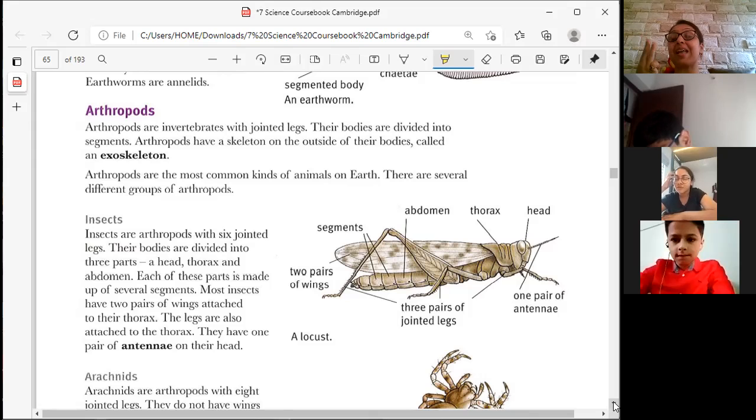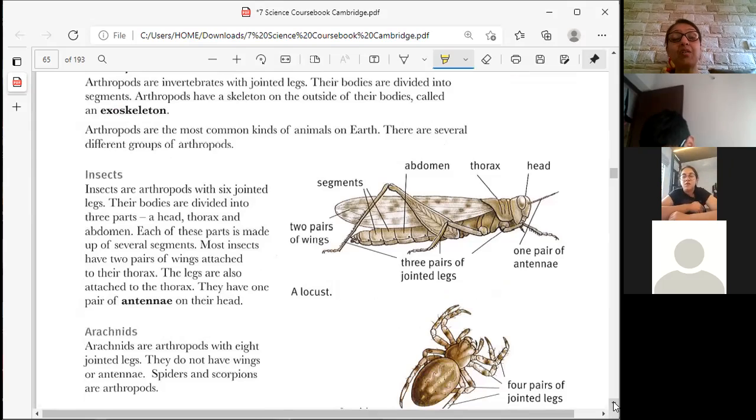And the third, they have an exoskeleton. If these 3 things are there, which group will they come in? Arthropods. Arthropods are further divided into subgroups. The first one is insects, which we just learnt about. Locust, cockroach, all these come in the category of insects. Can I go ahead now?